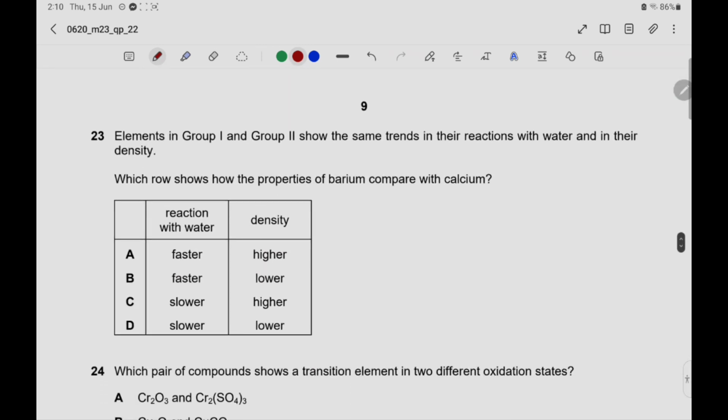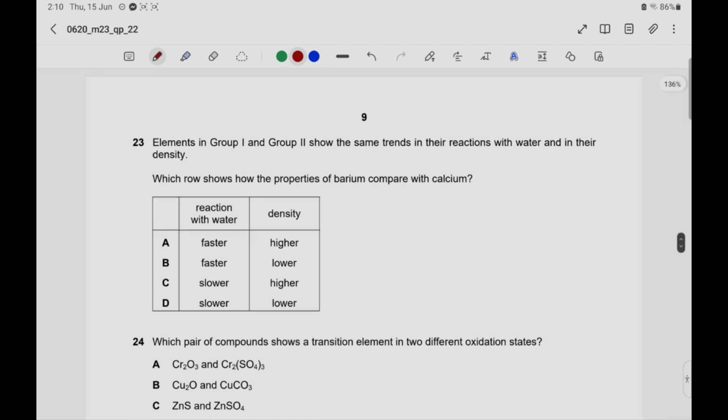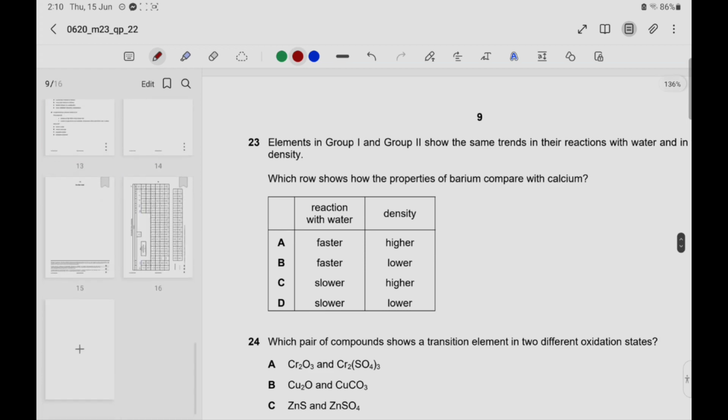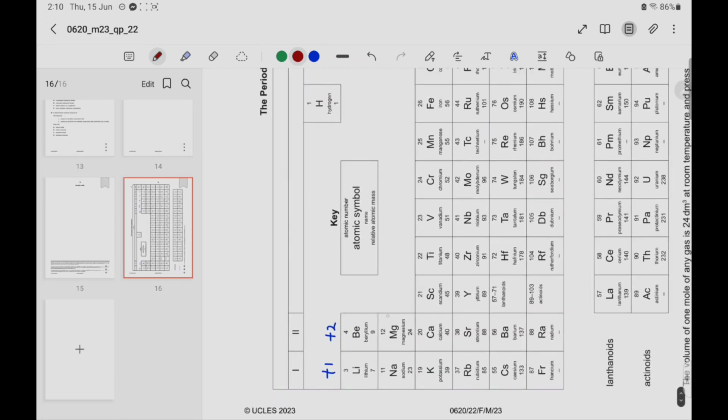Group 1 and Group 2 show the same trend. Which one shows how the properties of barium compare with calcium? Okay, if you look at your periodic table, barium is way below calcium, right? For Group 1 and Group 2, when you go down the group, it is more and more reactive. Why? Because it will be easier for you to lose the electron, right?